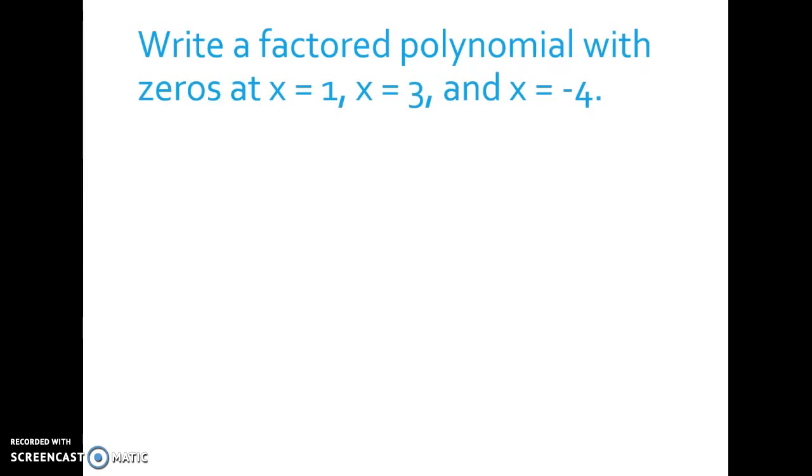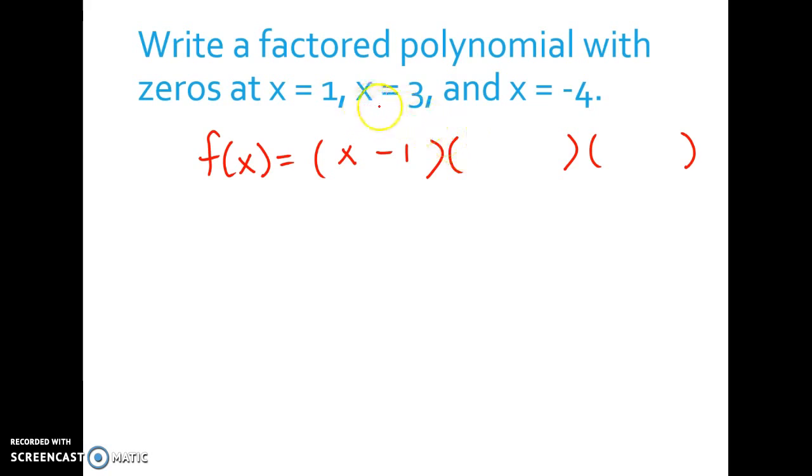write a factored polynomial with zeros at x equals 1, x equals 3, and x equals negative 4. There are lots and lots of different answers to this question, but probably the simplest one is saying, well, I'm going to have 3 factors. The first one is going to have an equation whose solution is positive 1, so how about x minus 1?